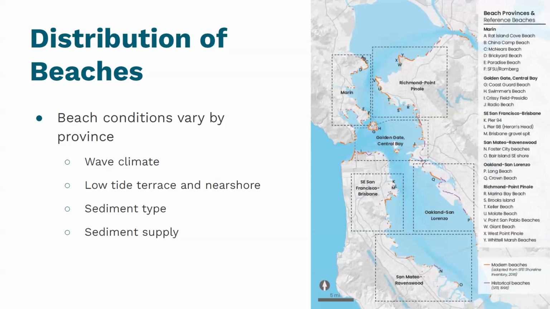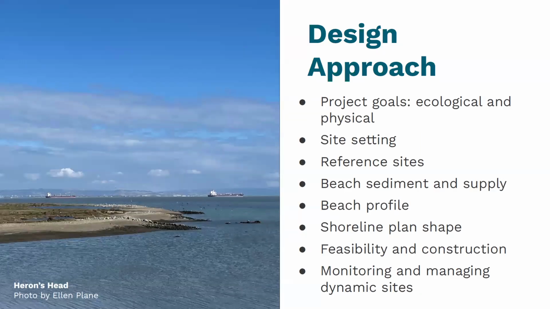But they vary across the bay. There are different wave climates, different shapes and settings of low tide terrace and nearshore conditions, and various sediment types and sediment supplies, which Peter will get into in more detail, that we need to consider when thinking about the design of bay beaches. We'll be sure to share this map as well as the associated information with the materials coming after the meeting.